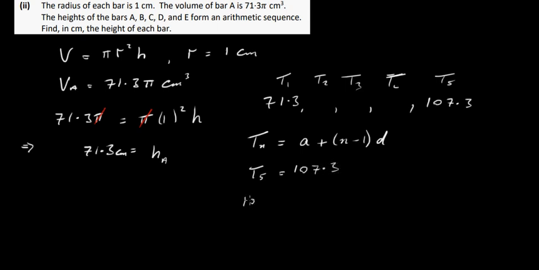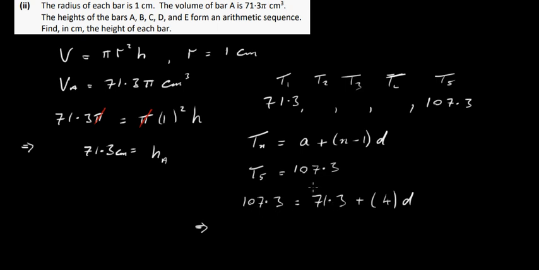So in other words, 107.3 is going to be equal to a, the first term, 71.3, plus n minus 1. Our n is 5 because we're looking at T5, so n minus 1 is 4, times d. So we can work out what d is here, the common difference. Let's have a look.